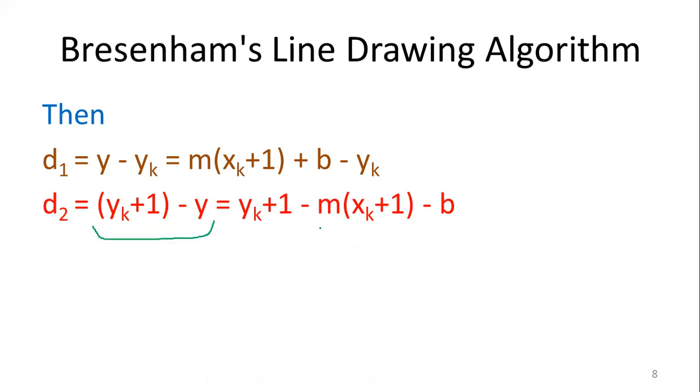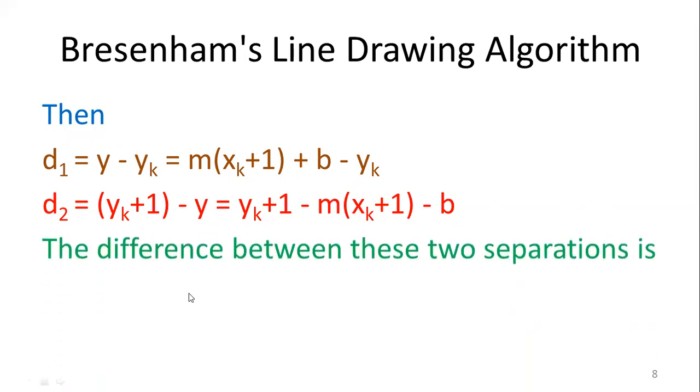And we know y is m into xk plus 1 plus b. So we will get d2 as yk plus 1 minus m into xk plus 1 minus b. So we got the values of d1 and d2.